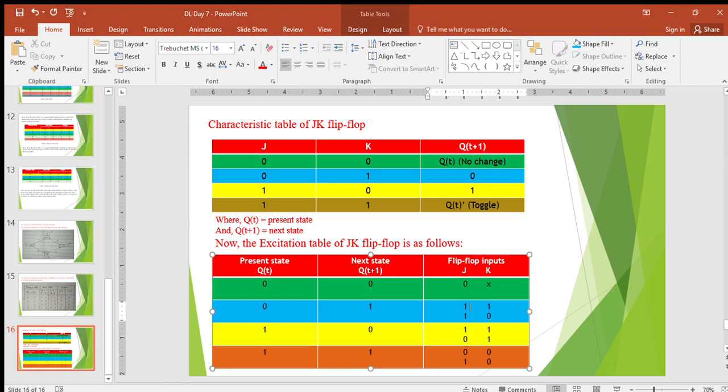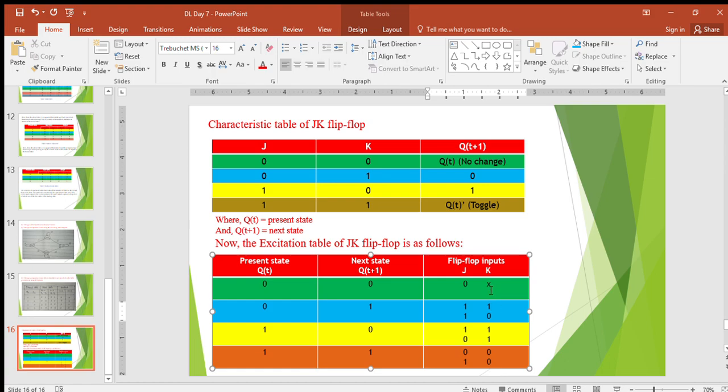Now after this scenario, let us go to the state 0 1. Whenever the present state is 0 and the next state is 1, the J input of the JK flip-flop is always 1. Look at these two scenarios, 1 and 1. Both scenarios possess the value of 1 for the J input of the JK flip-flop, but the K input is fluctuating between 0 and 1.